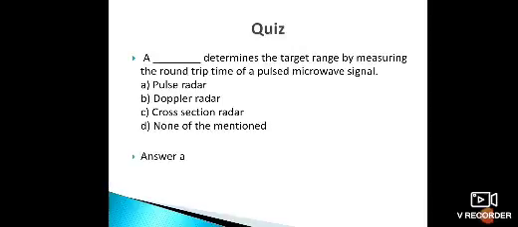That means it is continuously passing signals and determining the range, not anything else. It is not used for measuring velocity. And we are not told in this question whether it is a moving target or a stationary target. If it is a moving target, it cannot be detected, because pulsar radars cannot be used to detect a moving target. Okay, that is the answer to this quiz.